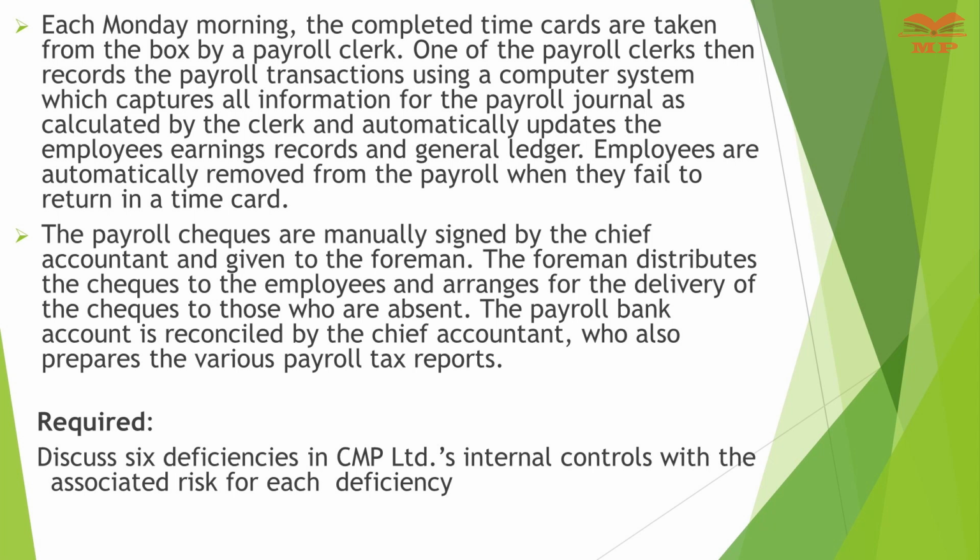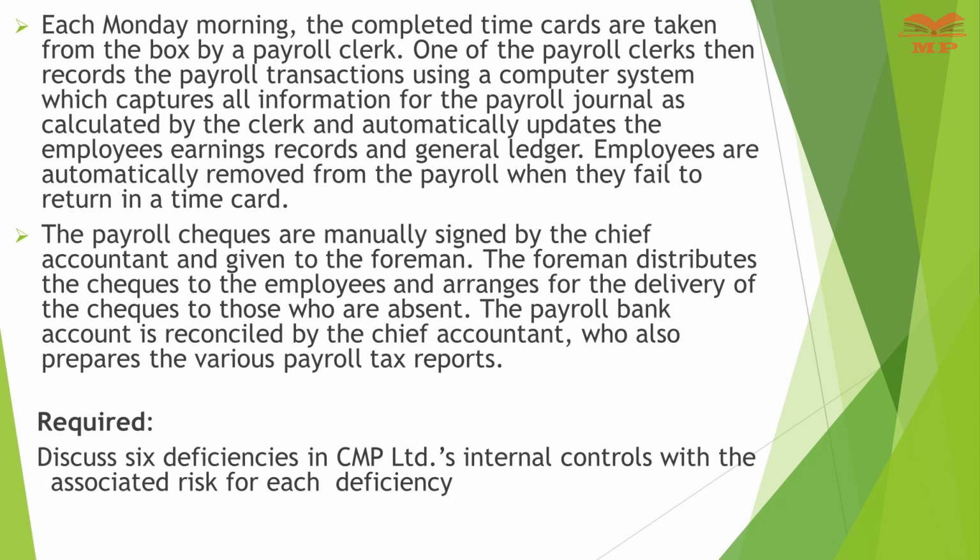One of the payroll clerks then records the payroll transactions using a computer system which captures all information for the payroll journal as calculated by the clerk and automatically updates the employees' earnings records and general ledger. Employees are automatically removed from the payroll when they fail to return a time card. 4.